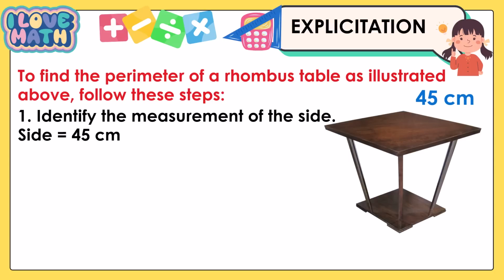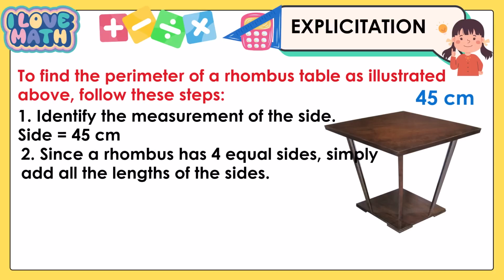Number 1, identify the measurement of the side. Side is 45 centimeters. Number 2, since a rhombus has 4 equal sides, simply add all the lengths of the sides. Perimeter is equal to side plus side plus side plus side.